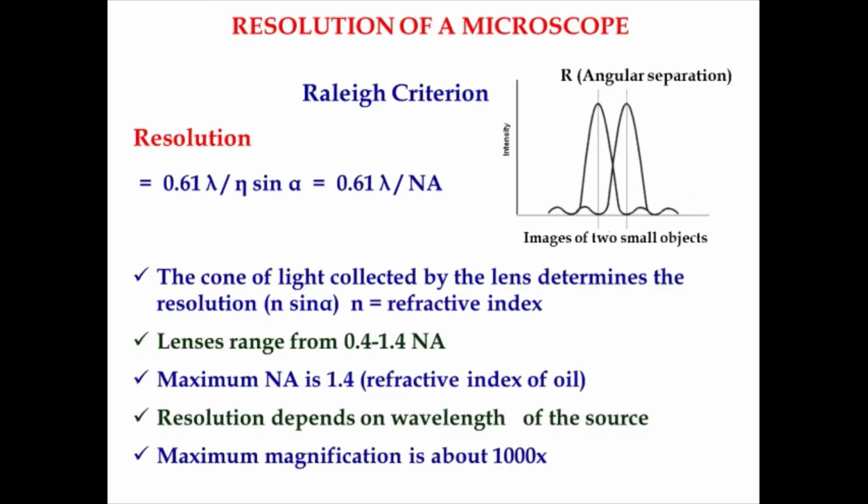If this difference is more than 30%, then the instrument is sure that there are two objects. If the difference in intensity between the maximum of the first peak and the emergence of the second peak is less than 20% or 30%, then the detector is in a state of dilemma, unable to confirm whether there are two objects or a single object.